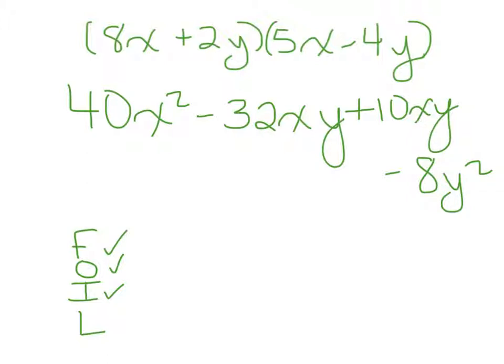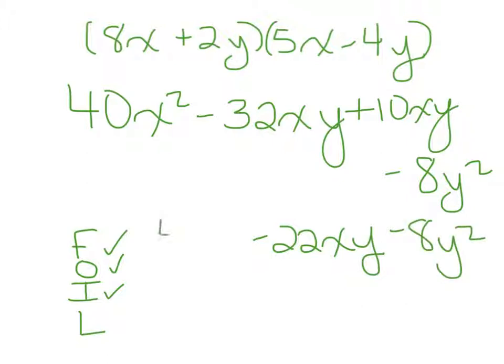These have the same variables as this over here. Notice this is an x squared and this is a y squared. So even though they both have squareds, they have different variables. So we cannot combine those, okay? So negative 32xy plus 10xy is going to give us a negative 22xy. We're going to keep our negative 8y squared and our 40x squared. And this is our final answer.